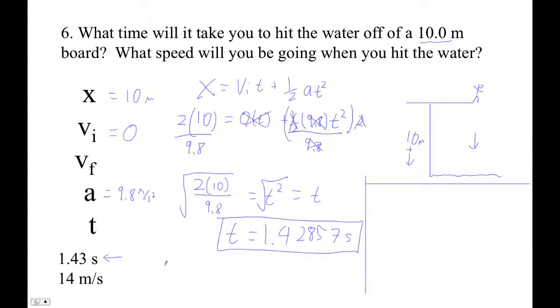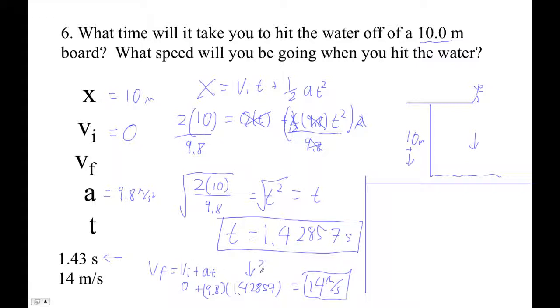So I could do VF is VI plus AT, 0 plus 9.8 times 1.42857. If I did that, I would get 14 meters per second. It comes out even. This is like freaky. Okay, that's one way to do it.